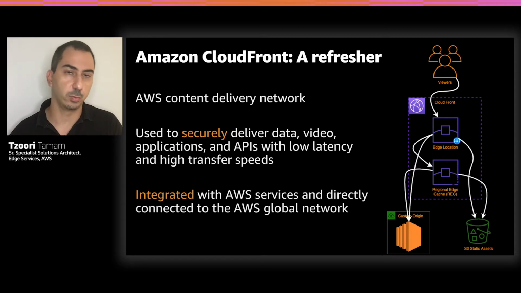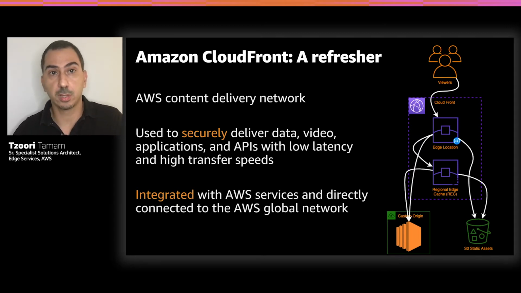These edge locations will then receive requests coming from your users, transport them through a secondary tier level, which we call regional edge caches, all the way back to the origin, cache the responses, and then deliver the content to the users from an edge location as close as we can provide to them. Typically, when users are using CloudFront, they are using it for both dynamic and static content, either for caching, acceleration, security, performance, and availability of their application.